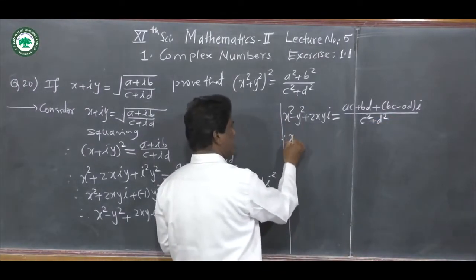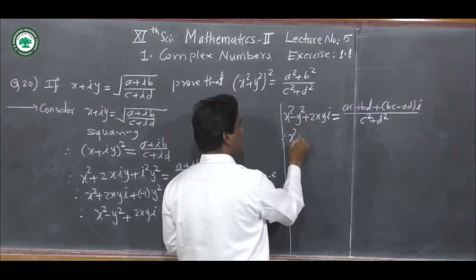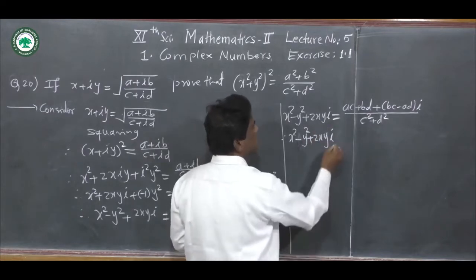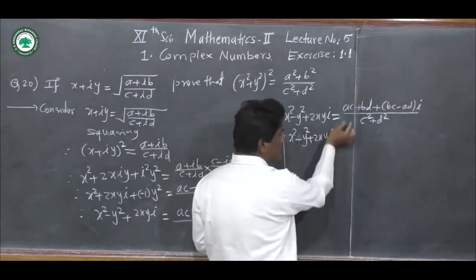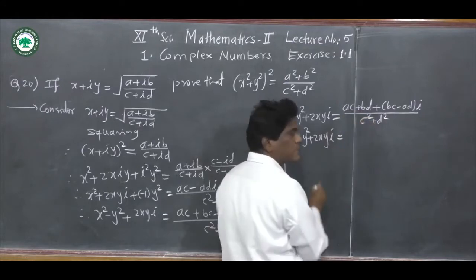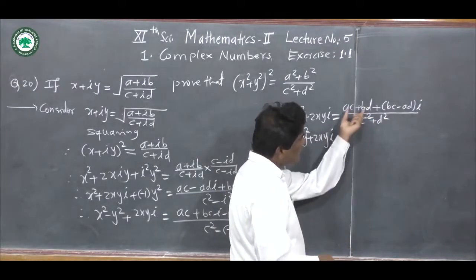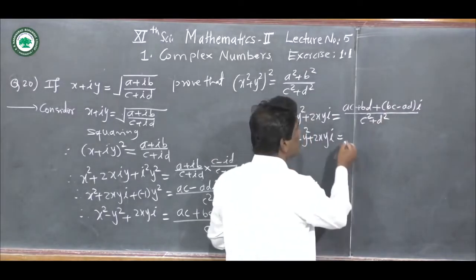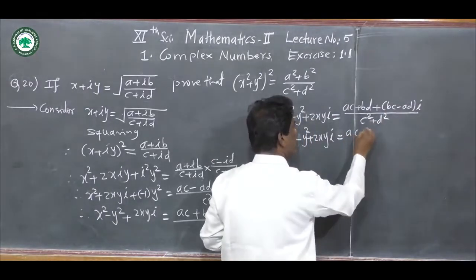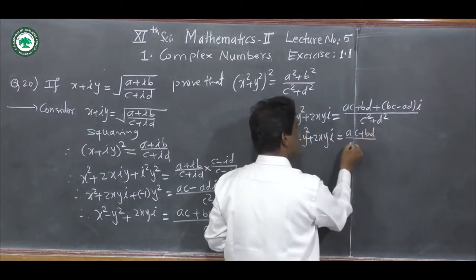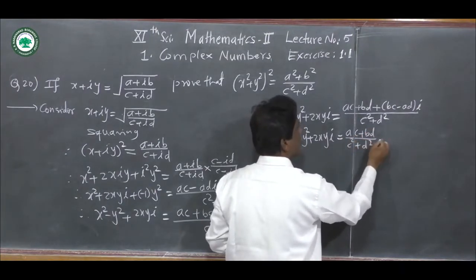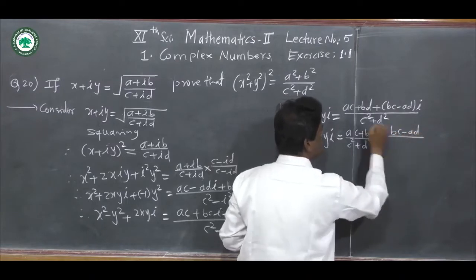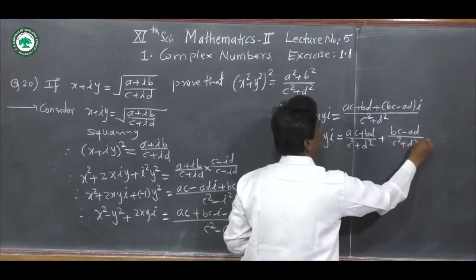And therefore we get x² − y² + 2xyi is equal to, we divide this ac + bd by c² + d². So we divide the real part and imaginary part separately by the denominator. So (ac + bd)/(c² + d²) plus (bc − ad)/(c² + d²) into i.